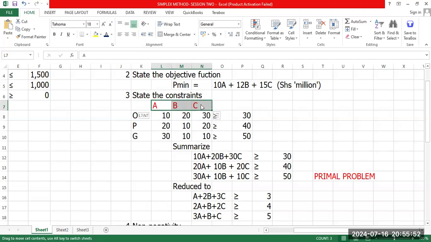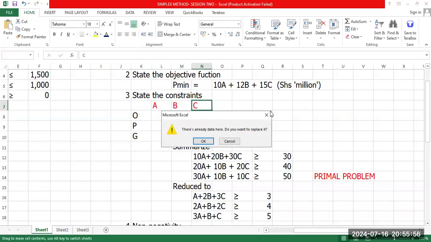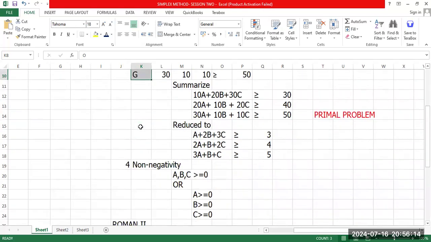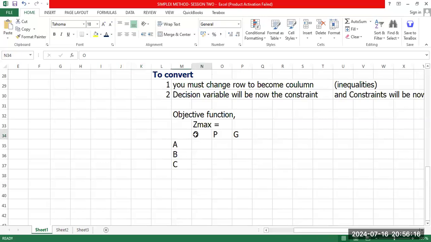And how do I do that? I put here O, here P, here G. Then what were our constraints, O, P, G, are now going to be our decision variables.